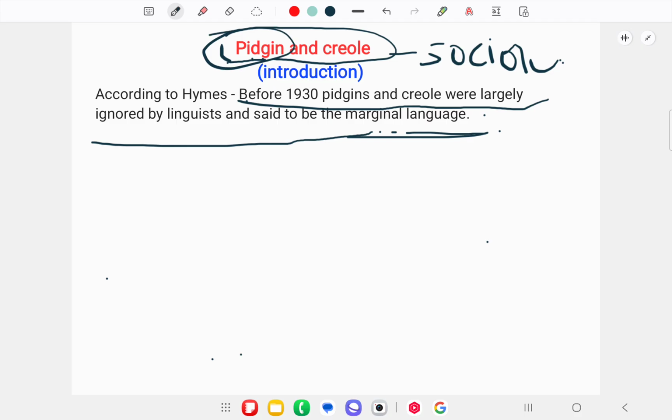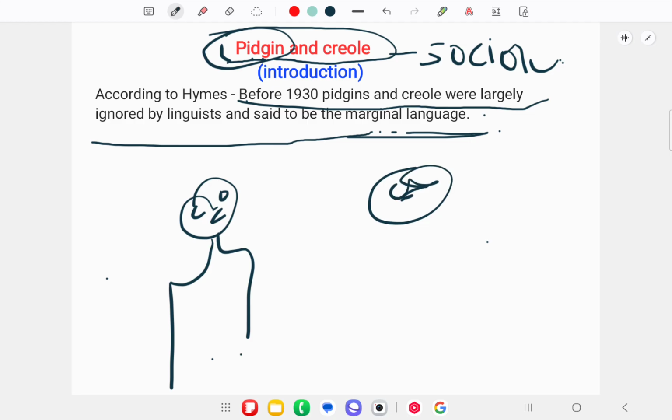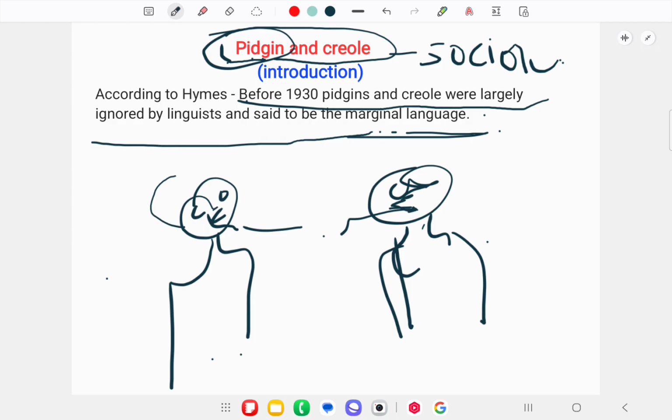Pidgin is a special language that arises when there are two people who want to talk to each other, but both have different languages.